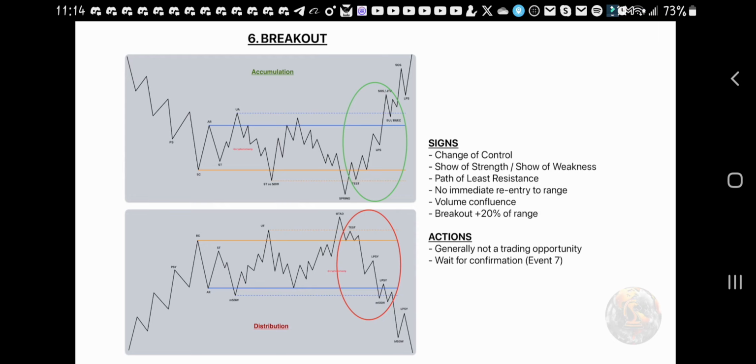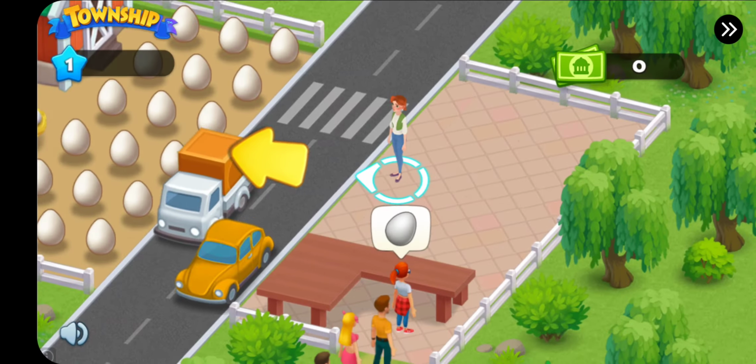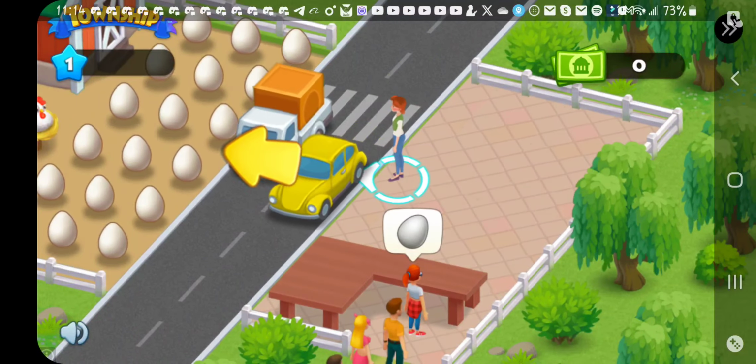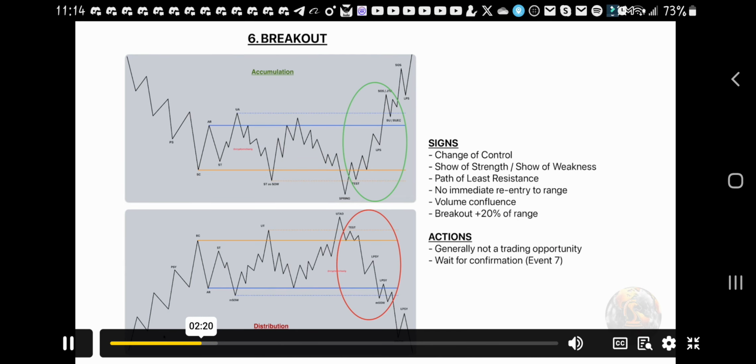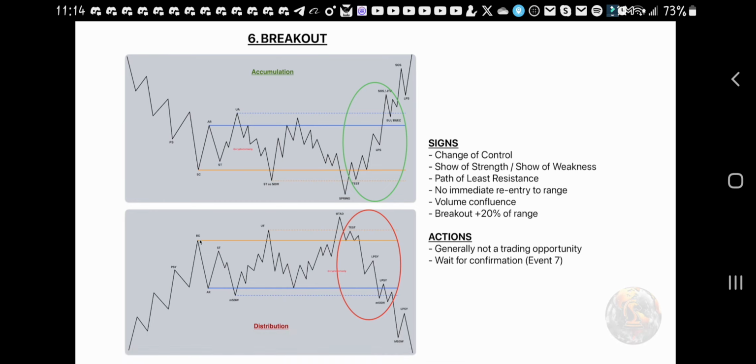So the change of control in the accumulation here, in phase A, it came down in a downtrend and we had change of control from bears into balance, meaning nobody has control. In a distribution, we have strong bullish control and it changes into balance. So that's your first change of control. Everything you do after that is to try and confirm the next change of control. That can either be from balance into bears or from balance into bulls.